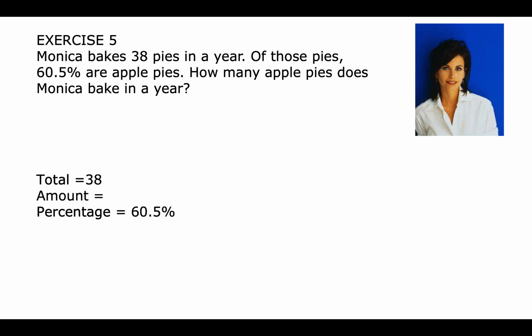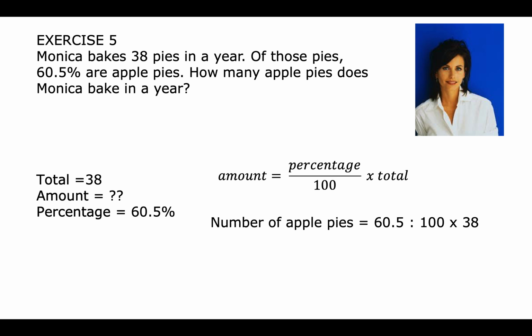So that's the amount. To calculate the amount, we have to use the formula for the amount, percentage divided by 100 times the total. So in this case, the number of apple pies is 60.5% divided by 100. We get 0.605 times 38 is 23 apple pies.